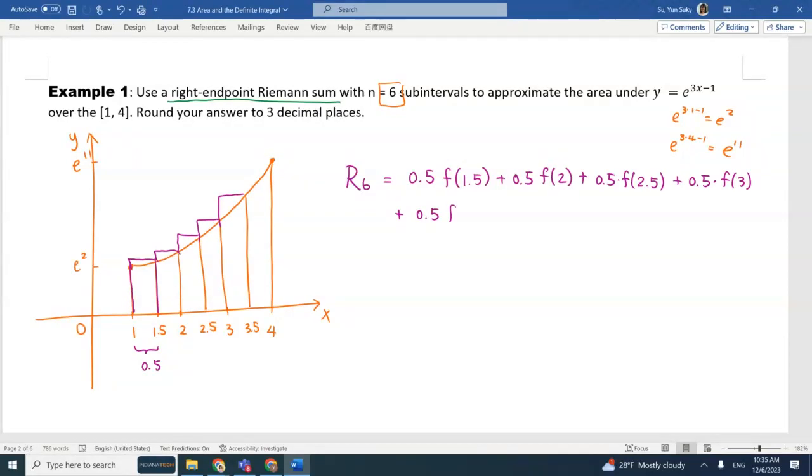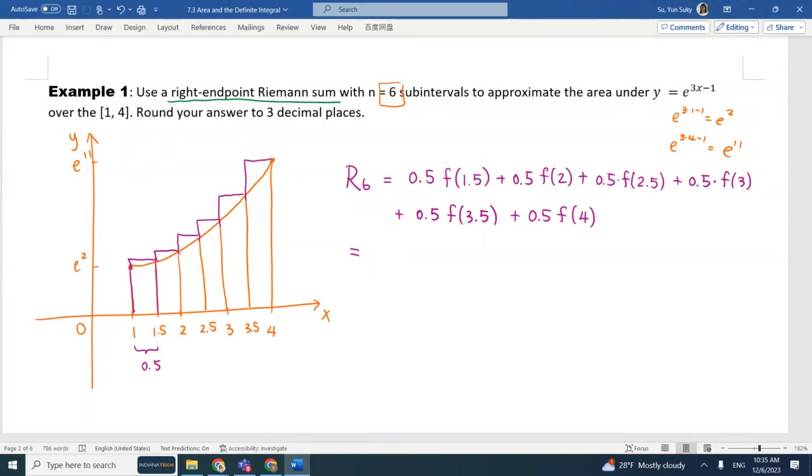What's the right endpoint? 3.5. And then the last one, f of 4. Exactly. Okay, so let's try to calculate this.